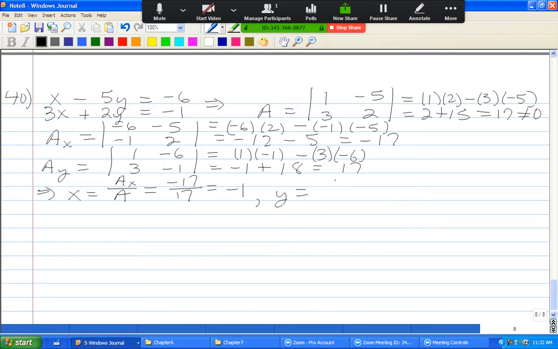Y is A sub y over A, 17 over 17, 1. So x is negative 1, y is positive 1, and that is the solution of my equation.